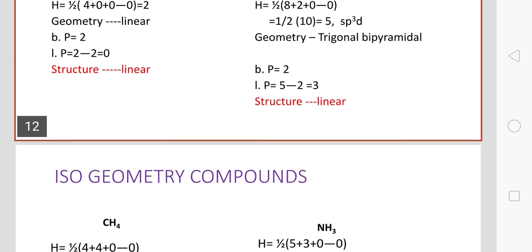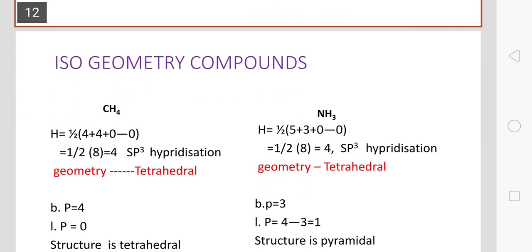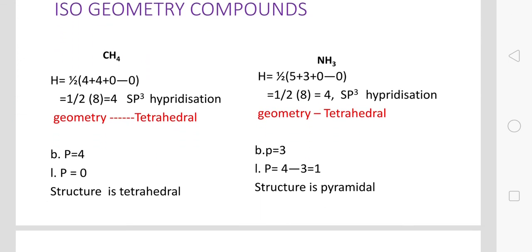Then isogeometry. I have taken methane and ammonia here. If you calculate the hybridization number, both have 4. So both have tetrahedral geometry. So these are isogeometry compounds.